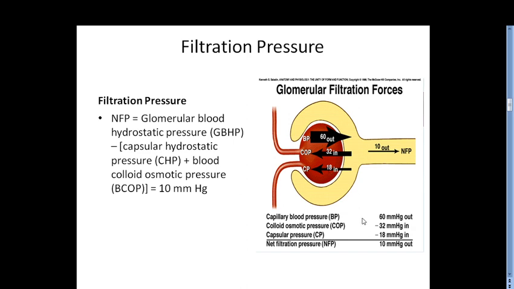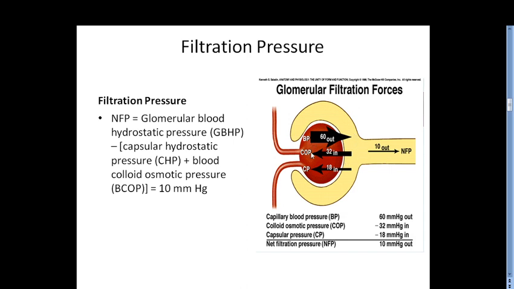When we calculate, 60 minus 30 minus 18, it comes to 10 millimeters of outward force. So the net filtration pressure is 10 millimeters of mercury, which causes filtration of the blood, and the plasma part enters the capsular space.